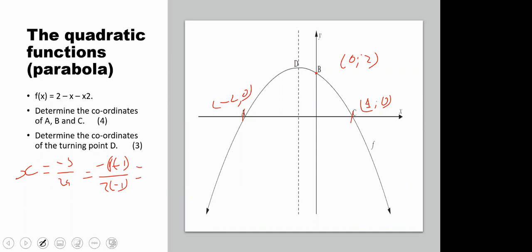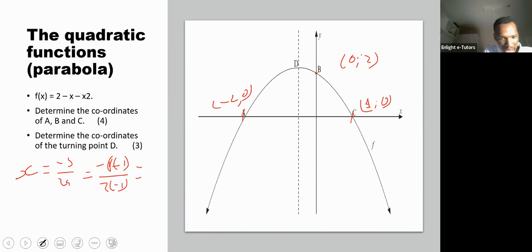So the x value is gonna be -half. Then I just take the equation and put 2 minus (-half) minus (-half) squared. I get 9/4, which is 2.25.